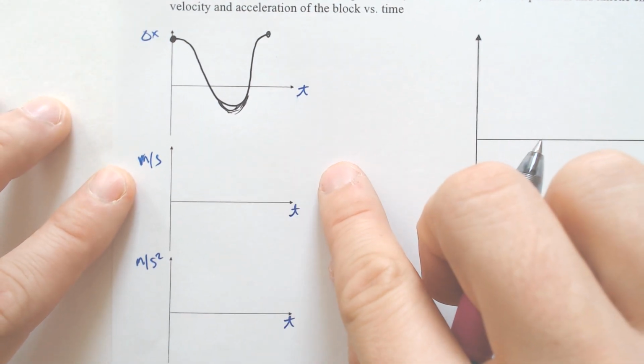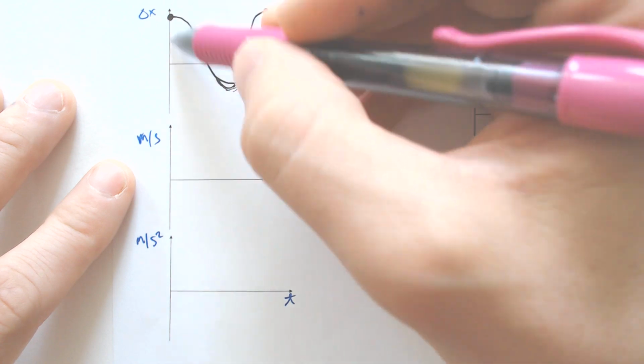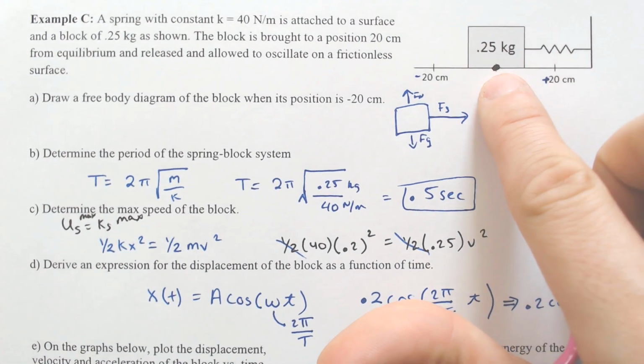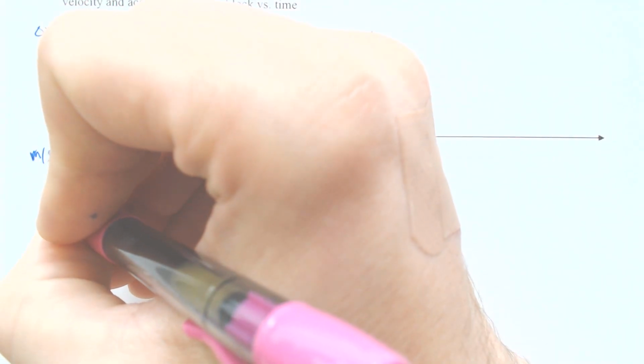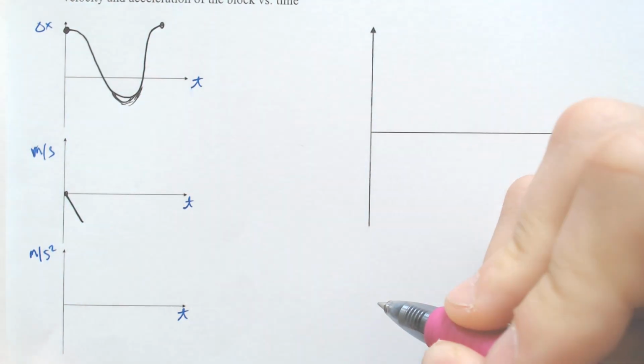The velocity is going to be changing constantly. And you've got to think of it: we were over here in the positive direction, and then we got pulled to the left. So if we're getting pulled to the left, that would indicate that the velocity started out 0, but it was pulling us to the left.